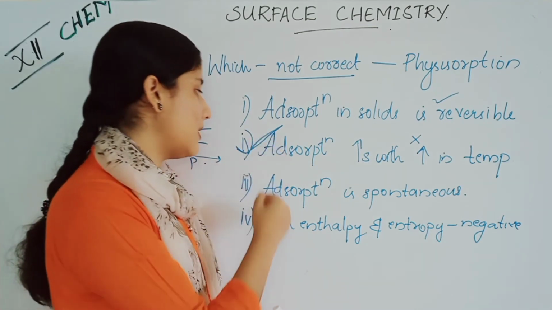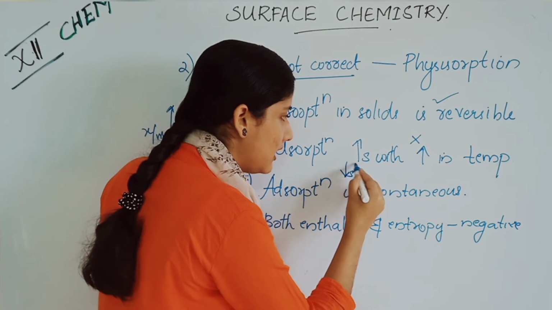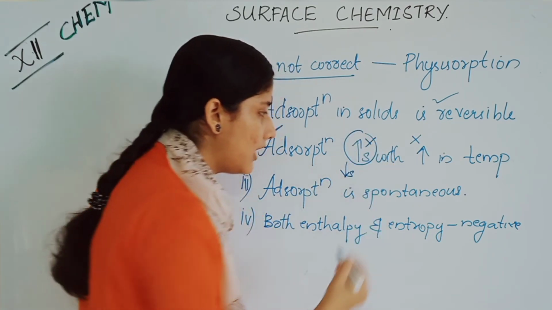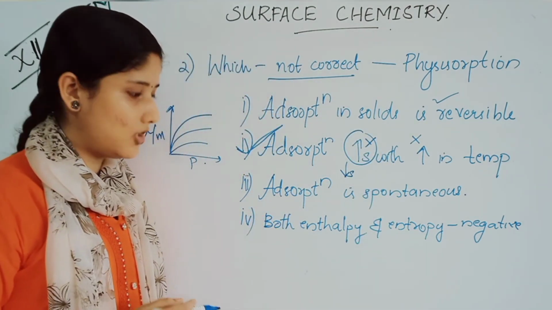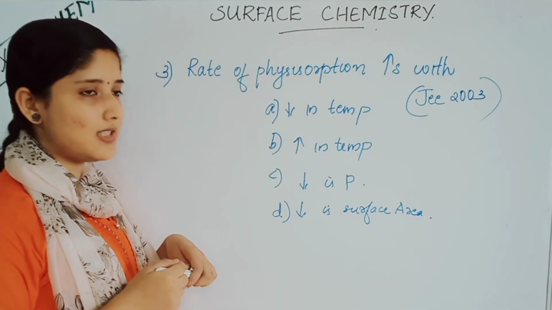So all the other statements are correct, and the statement that adsorption increases with increase in temperature is wrong; it decreases with increase in temperature. Look at the third question. This is a JEE 2003 question. It's an easy question.